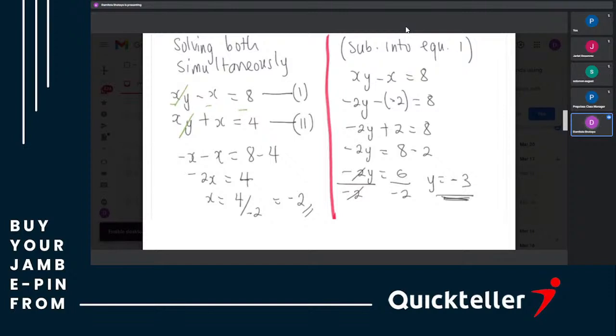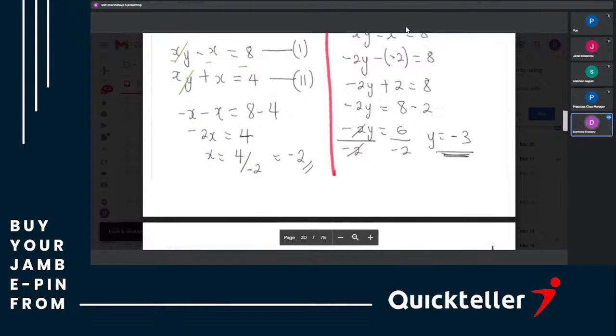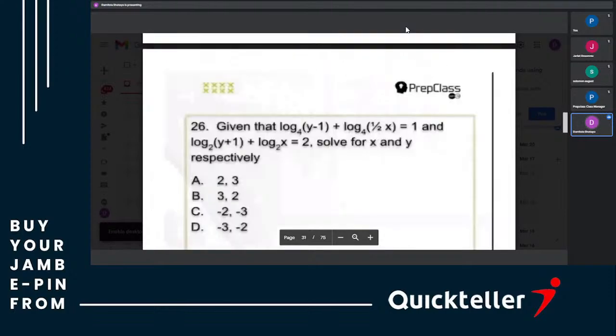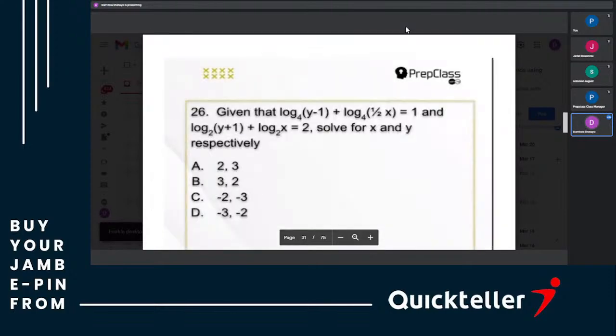And that will give me minus is plus 2 equals 8. The plus 2 goes to the other side, it will become minus 2. Minus 2y equals 8 minus 2, and minus 2y equals 6. Divided by minus 2, y equals minus 3. So x equals minus 2 and y equals minus 3. And that makes the answer x and y: minus 2, minus 3.